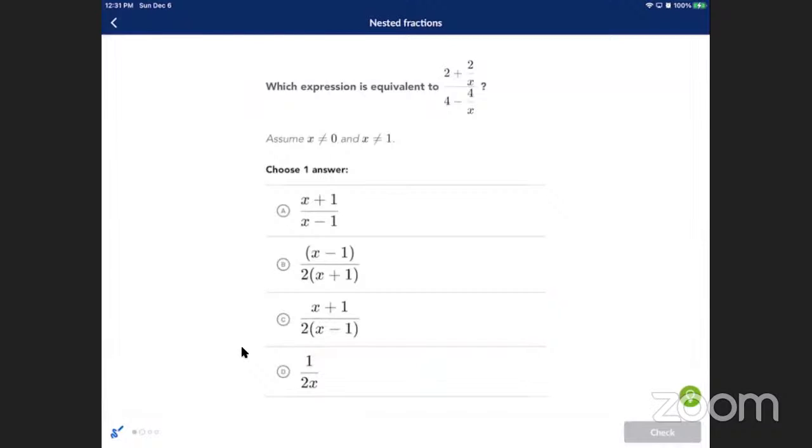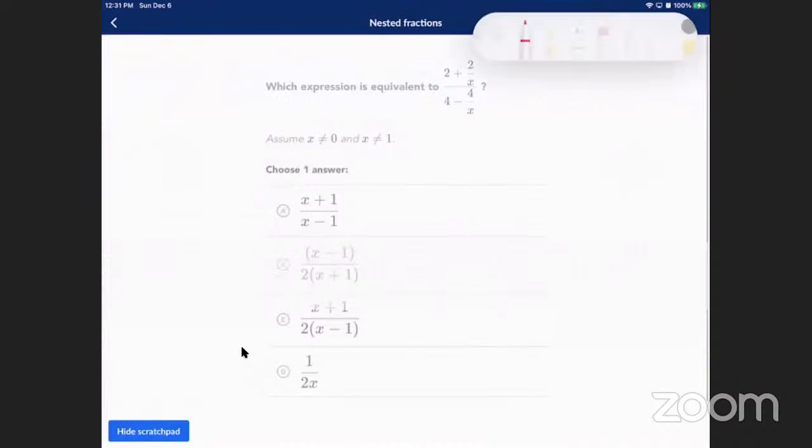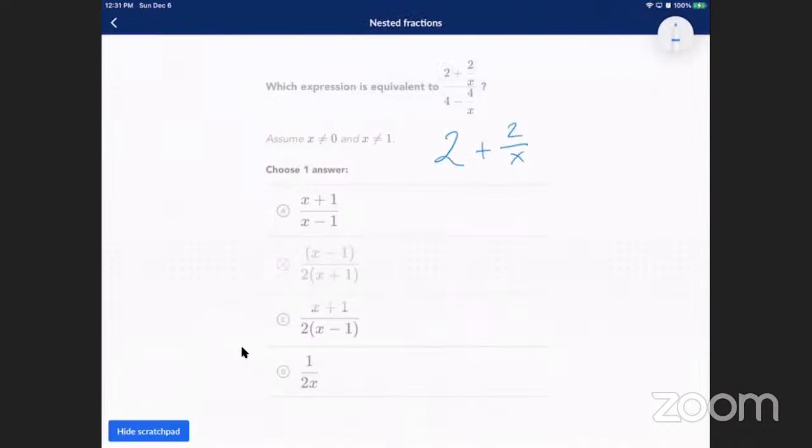You have here, which expression is equivalent to 2 plus 2x over 4 minus 4x. And then this 4x here would basically become 4 over 4 minus 4x, like that.